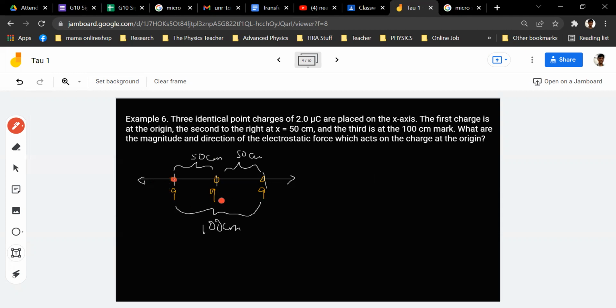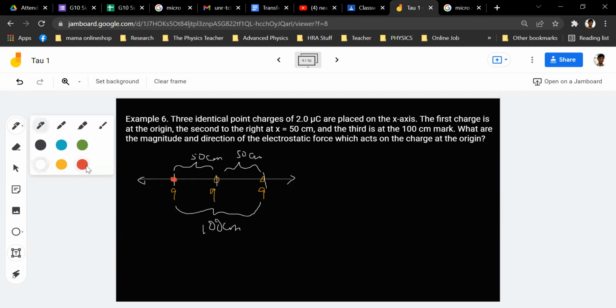And to solve this problem, let us combine the two forces that are acting on the charge at the origin. So the charge at the origin is repelled by the second charge, and it is also repelled by the third charge.